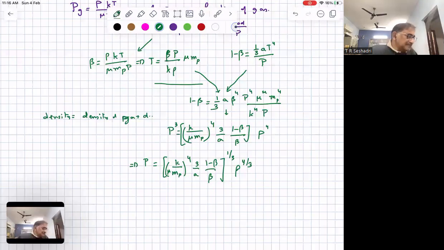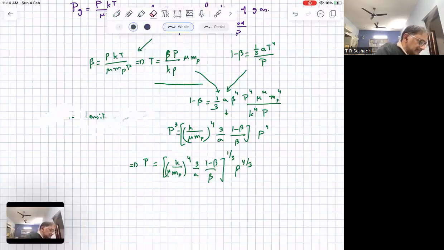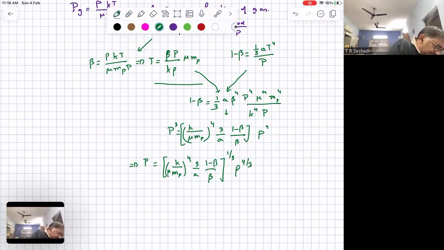Now the density is mainly dominated by the rest mass of the gas. So roughly we can write the total density.